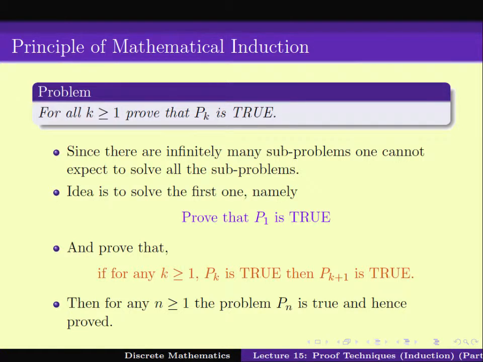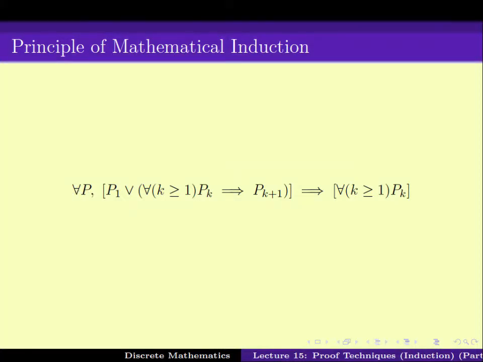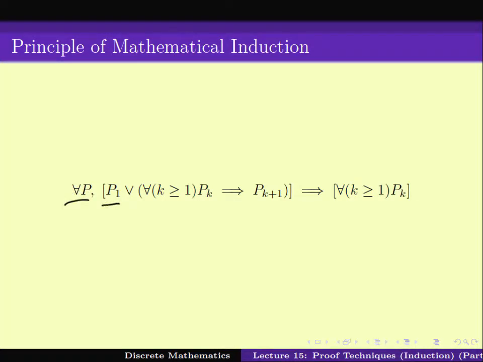Now for this, what we need is a particular axiom which states that whatever we are doing is correct. And this is what it says. It is called the principle of mathematical induction. It says that for any predicate, if we first prove P1 is true, and for all k greater than or equal to 1, if I can prove Pk is true implies Pk plus 1 is true, then that means that for all k, Pk is true.